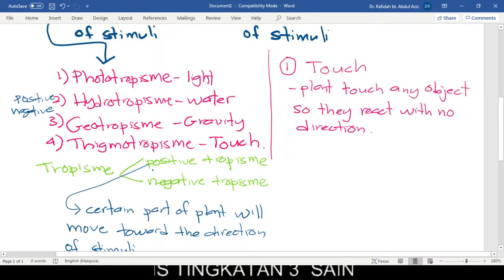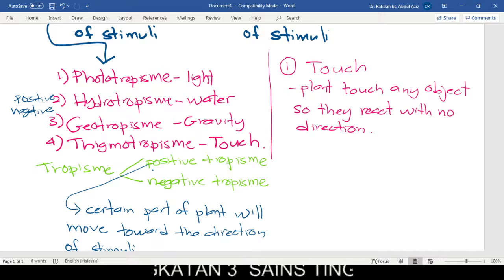Okay, so for every tropism, we'll have a certain experiment. This experiment has to be conducted in the lab by doing something related to the plant that can detect the several types of stimuli.